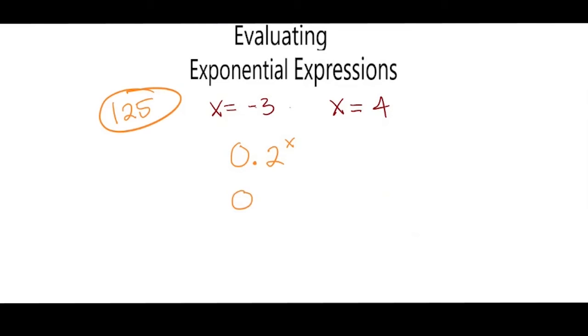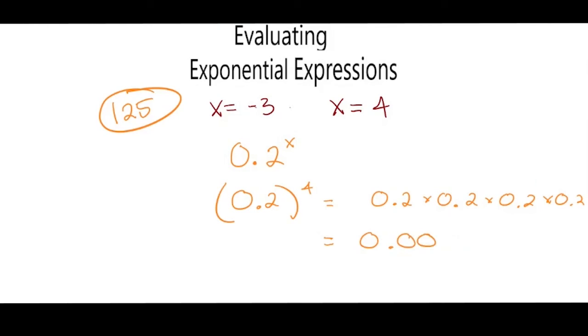So 0.2 raised to the fourth power. Well, remember that that's 0.2 times 0.2 times 0.2 times 0.2, which is 0.0016. So when x is 4, the answer is 0.0016.